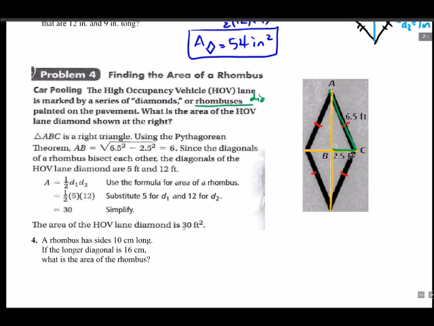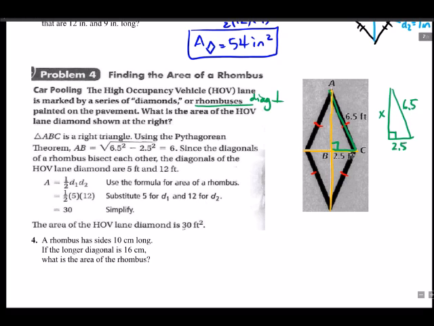We know that our diagonals are perpendicular. So that is really a useful thing for us. So what I see happening here is we have a right triangle. We know that this side is 2.5 feet. We know that the hypotenuse is 6.5 feet. And we need this information here.